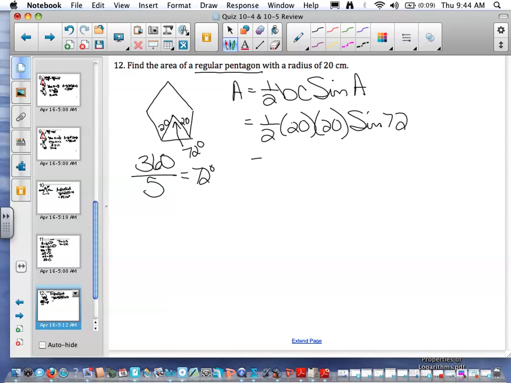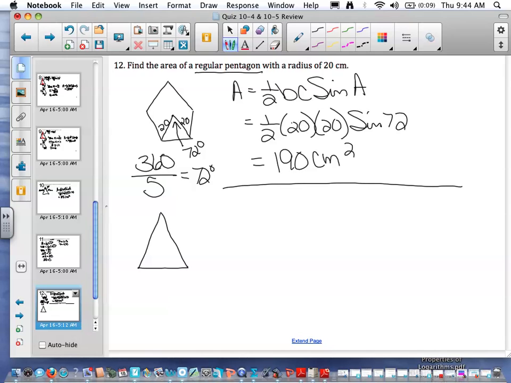So sine of 72. So I have 0.5 times 20 times 20 times sine of 72, and that gives me 190 centimeters squared.